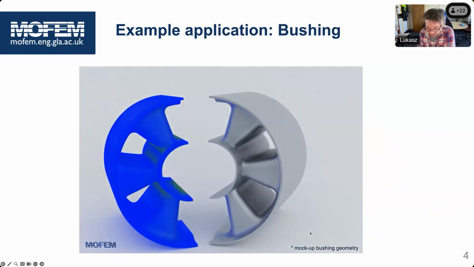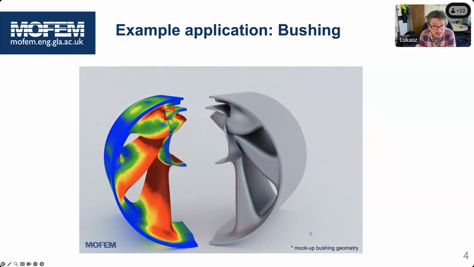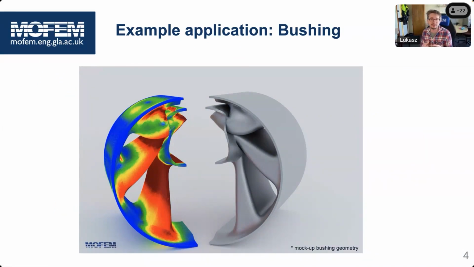Okay, I can show you how to do that. We're solving an industrial problem over here, but we cannot show you the actual geometry. So this is a mock bush, an element of the car which transfers the vibrations between the elements.